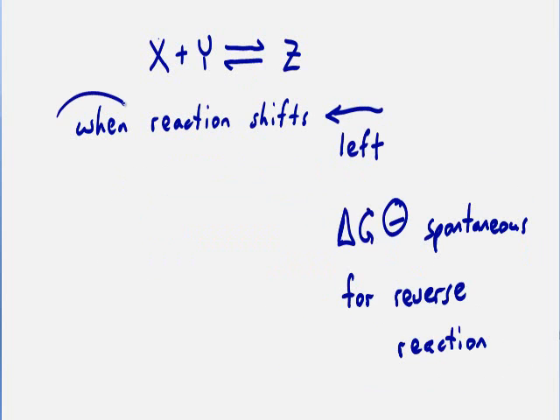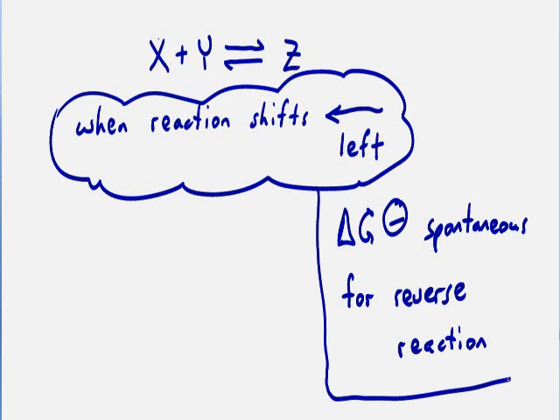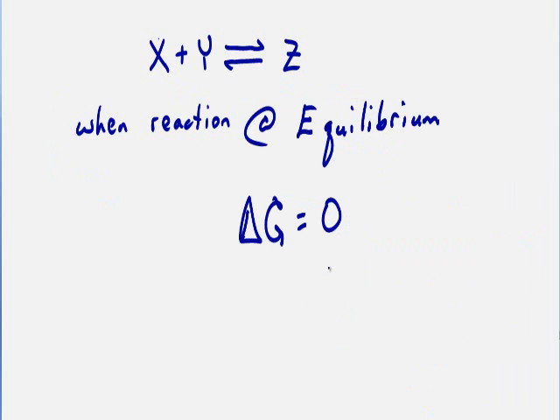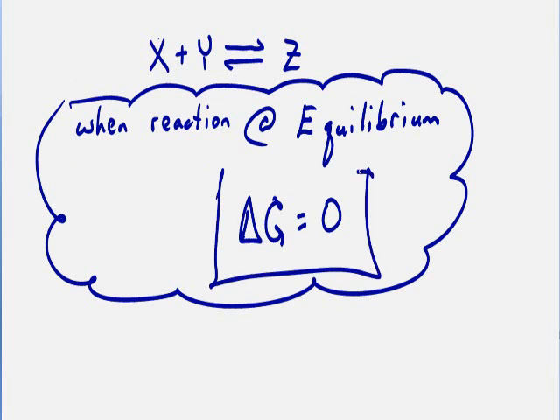On the flip side, if a reaction is shifting left in its attempt to reach equilibrium, that's indicative that delta G is negative, or spontaneous, for the reverse direction. However, once all shifting is done and the reaction actually reaches a state of equilibrium, delta G would be equal to 0 under those conditions.